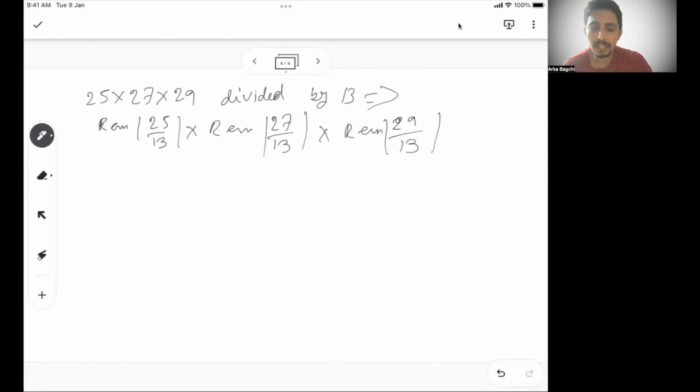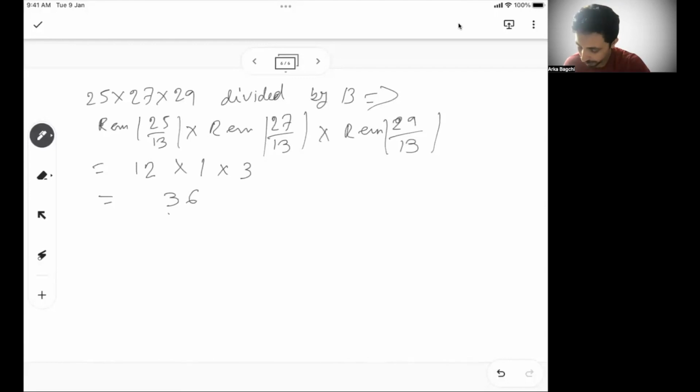So these are the three remainders. Okay. Now, the first remainder will be 12, right? Into the second remainder will be 1, and the third remainder will be 3. Now 12 into 1 into 3 is 36. Now 36 cannot be the remainder when something is divided by 13. The remainder has to be less than 13.